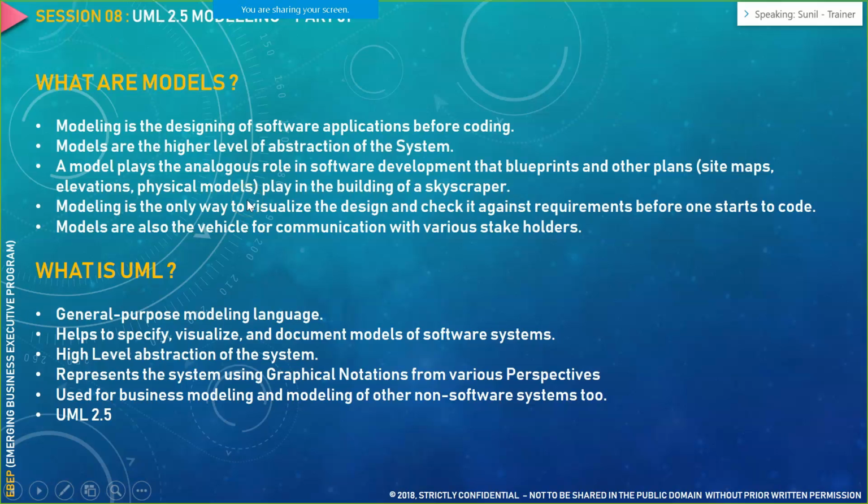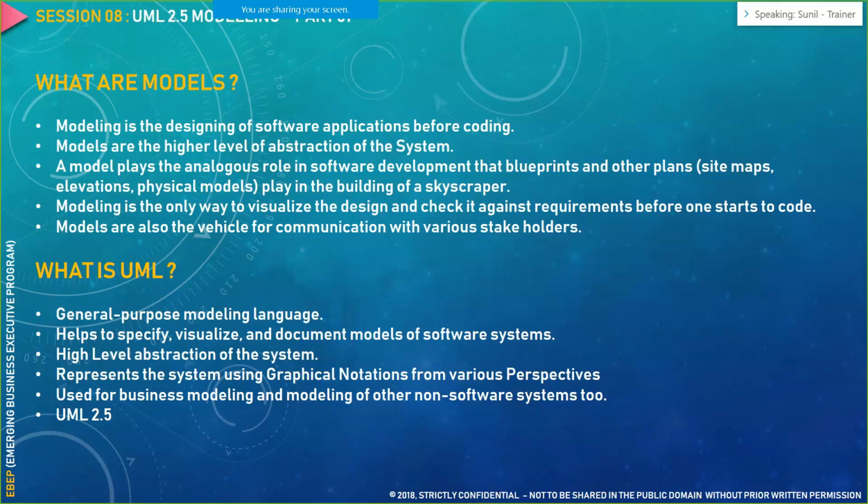Now before getting into UML, let us understand what models are. Models are essentially used to design a software application before coding. So before coding, like interaction that would happen in a particular system, we need to model them. Model them means we have to give a pictorial notation for how we would be interacting with that particular system.